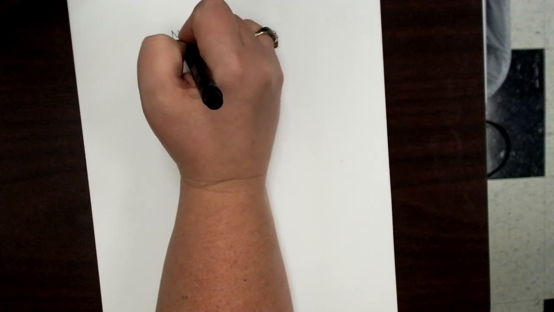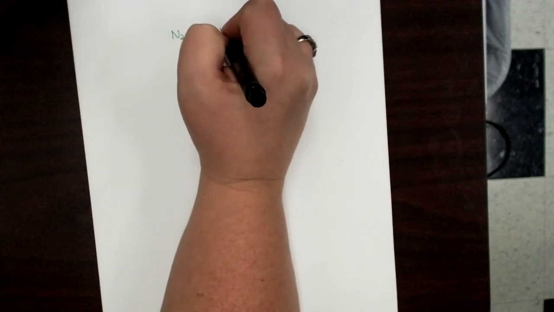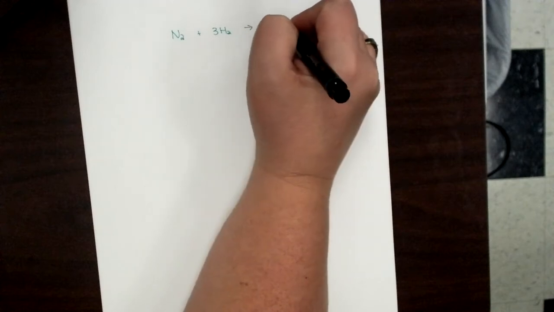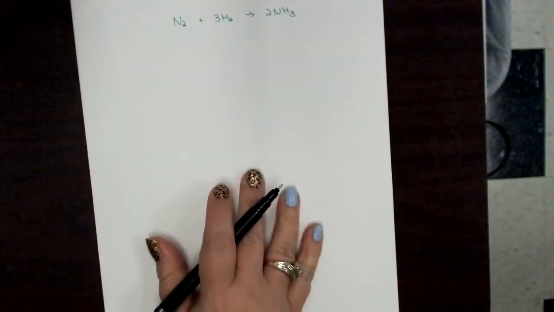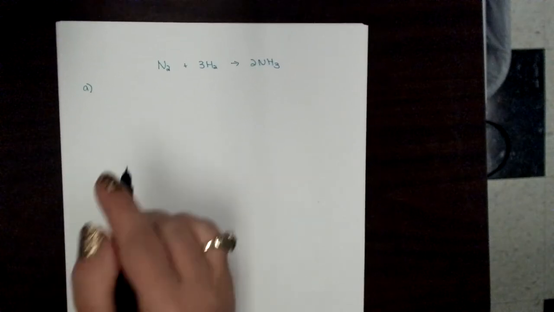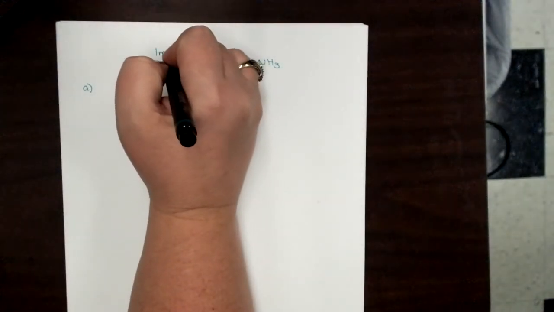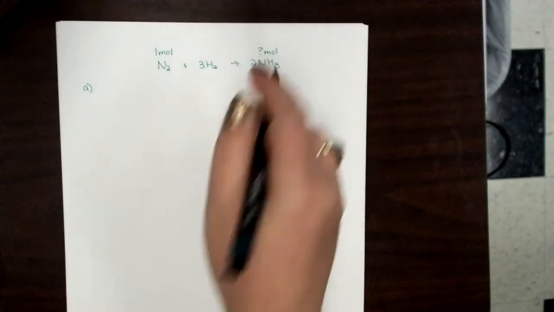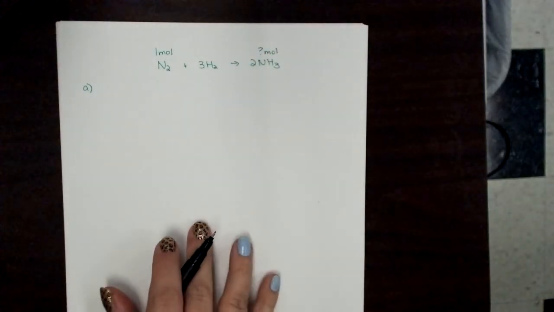So our equation is N2 plus 3H2 yields 2NH3. And so for part A, it says if you use 1 mole of N2, how many moles of NH3 can be produced?